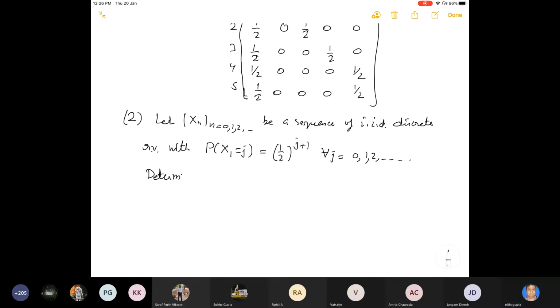Determine whether each of the following chains is Markovian or not.